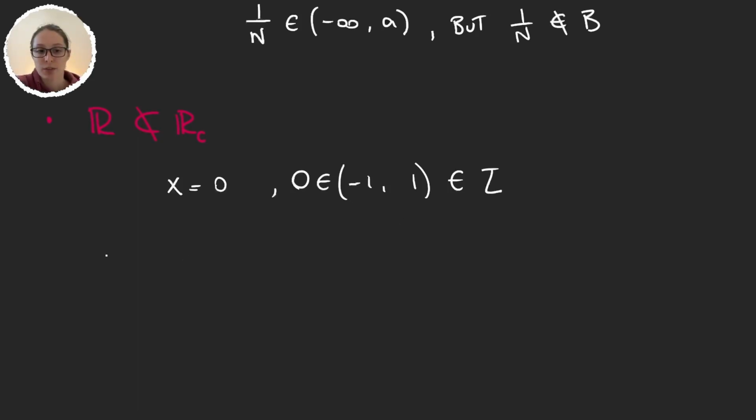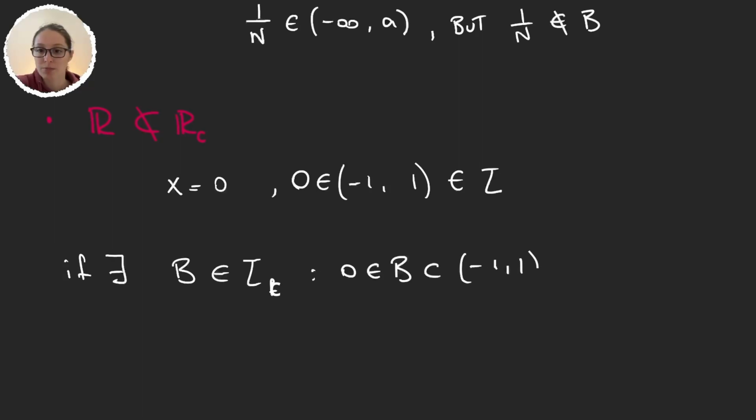So if there existed P in the countable complement topology that contains 0 and that is a subset of (-1, 1), then the usual argument: (-1, 1) complement would be a subset of P complement.